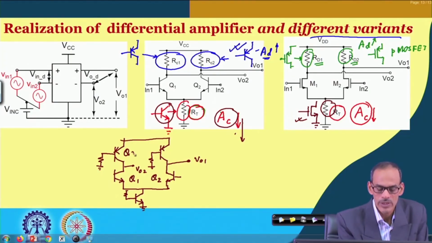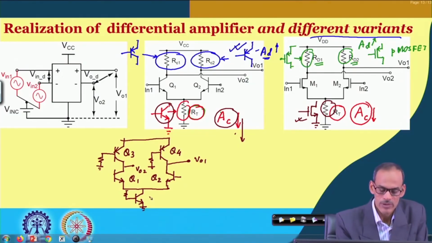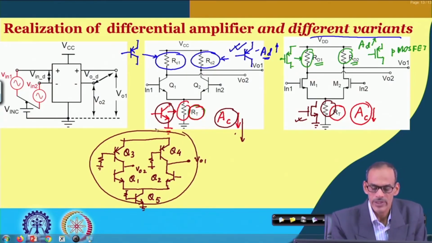Likewise, Q3 and Q4 should be identical, so that ACD and ADC are maintained at 0, and then you have the Q5 here. By doing this, we can get an enhanced version of the basic differential amplifier we have discussed, where of course the differential mode gain is much higher, and the common mode gain is much lower.